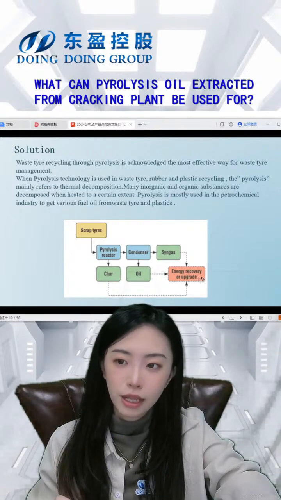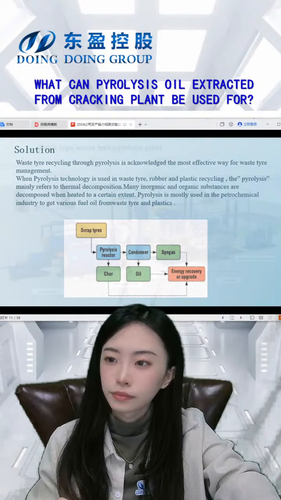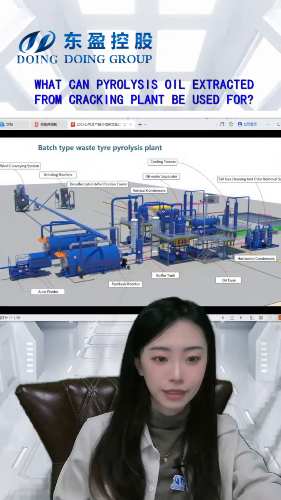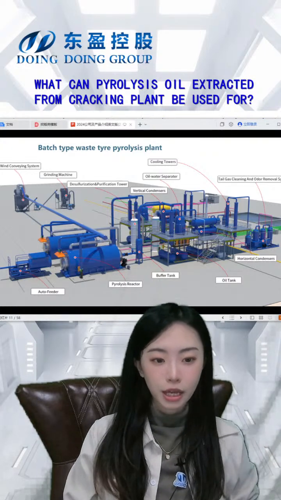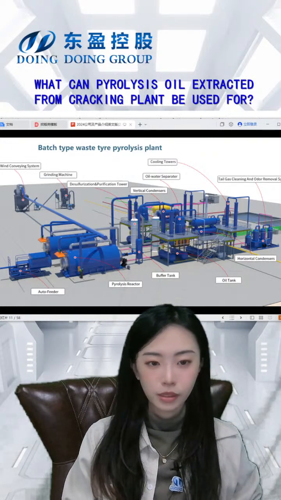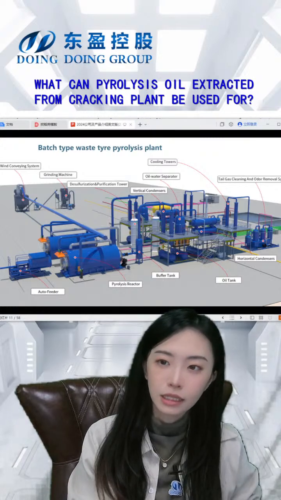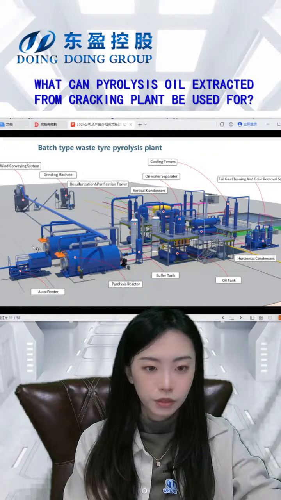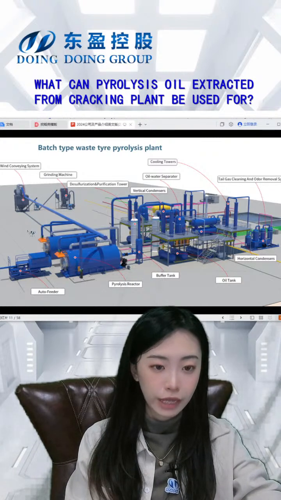And here is a 3D outline. We have 5 systems in the batch type pyrolysis plant. It's clearer for you to understand. The first system is the feeding system, to feed the raw material to the reactor.